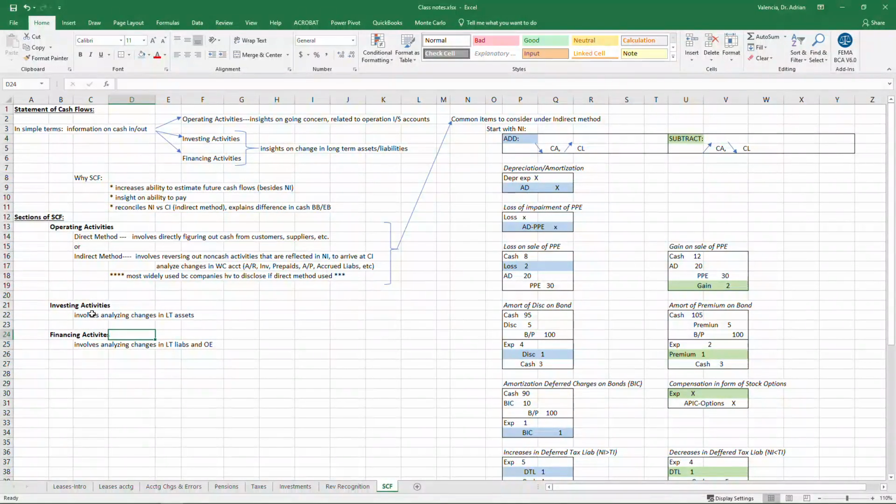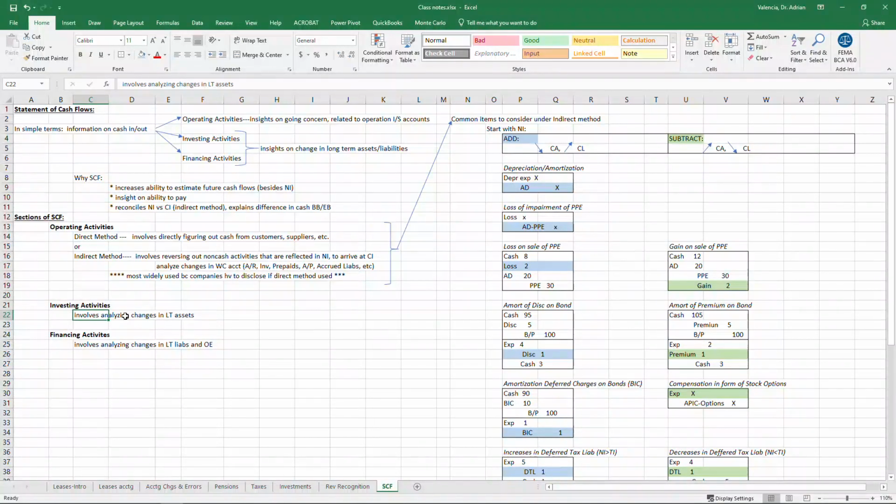So even if you're preparing the operating activities under the indirect method, technically you're preparing these two sections under the direct method. For investing activities, this involves analyzing changes in long-term assets in general. And for financing activities, it involves analyzing changes in long-term liabilities and owner's equity accounts, such as borrowings or issuance of stock. And for investing, such as buying or selling your long-term assets, your property, plant, equipment, or such.